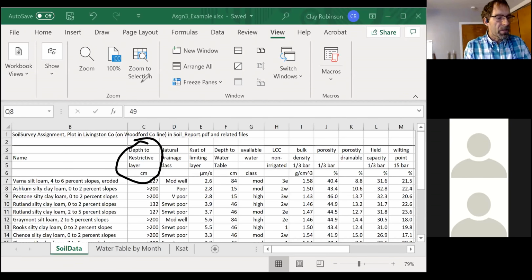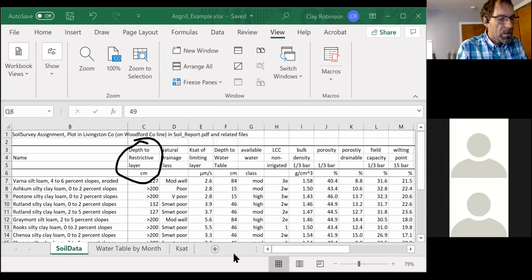And in some of these, if we look through here, on these soils, the shallowest restrictive layers I have are here and there, 127, and those are in centimeters.